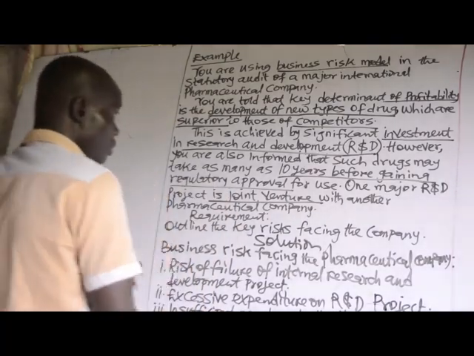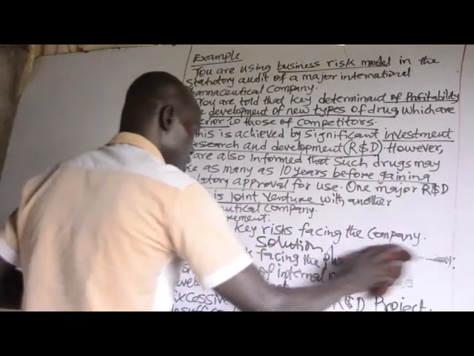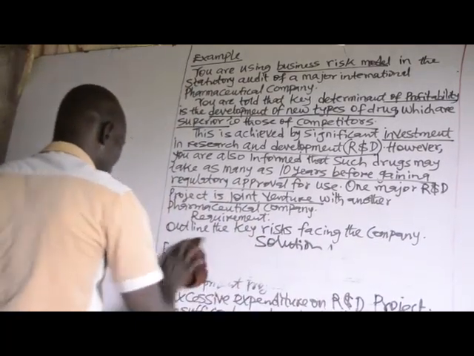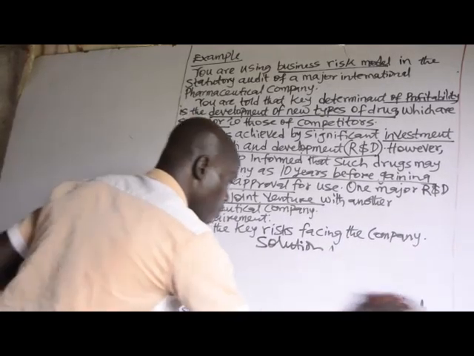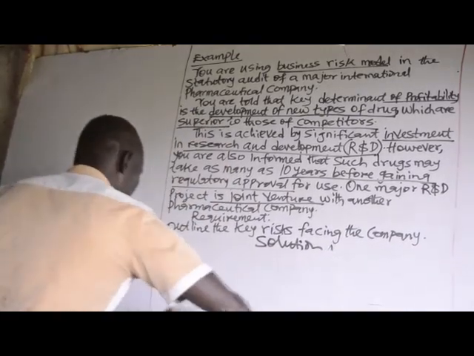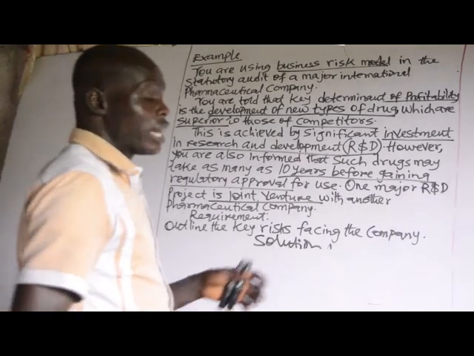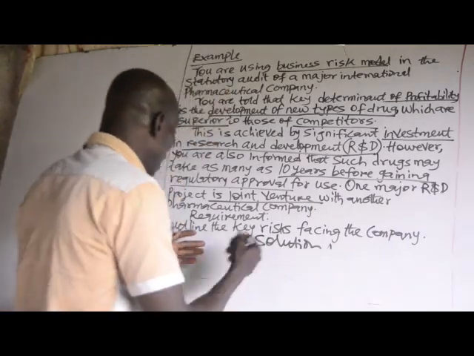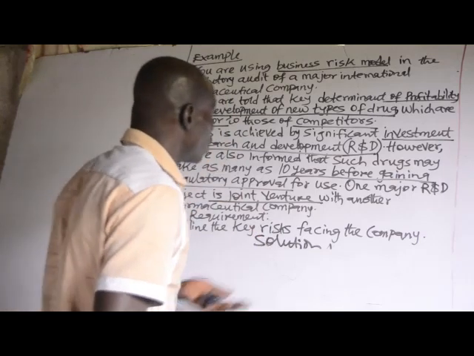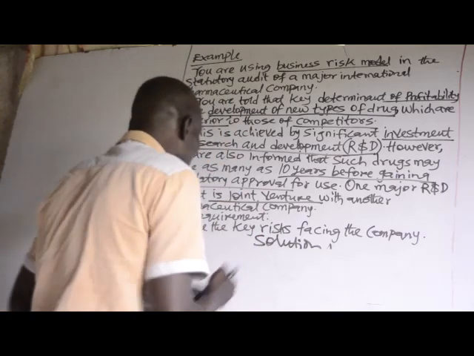Number 4, development of new drugs by the competitor. The competitor may decide to develop the new drug; that is, they might imitate the company.